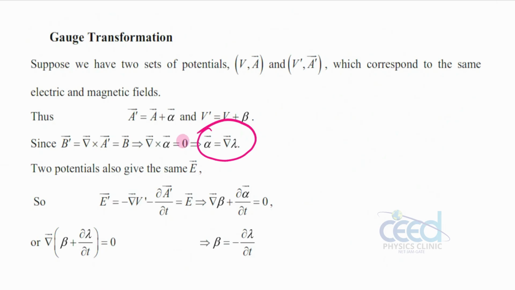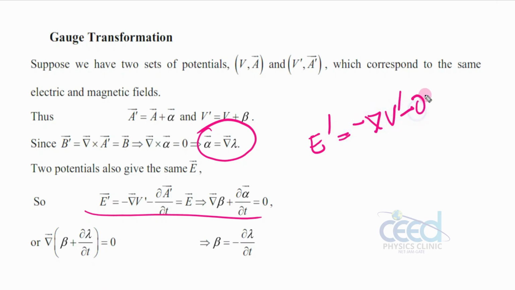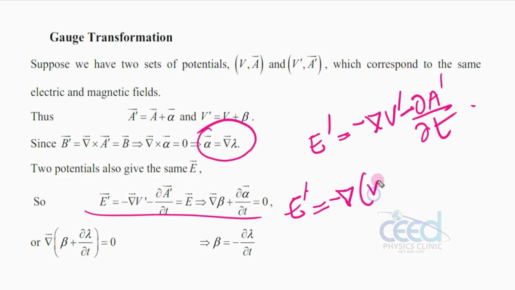Now, what is the electric field? We studied E dash is equal to minus del V dash minus dou A dash by dou t. The electric field is minus del V minus dou A by dou t; this formula we saw in the last class. Now, E dash is equal to minus del of V plus beta, minus dou by dou t of A dash, where A dash is A plus alpha.